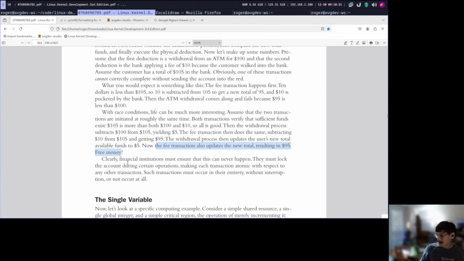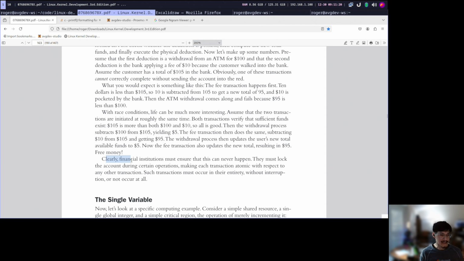So the final state is that I had 105 before and I withdrew 100. I was supposed to have $5, but at the same time, my bank fee saw that my balance was 105, deducted $10, and now the final balance is 95. So I got $100, yet I only lost $5.